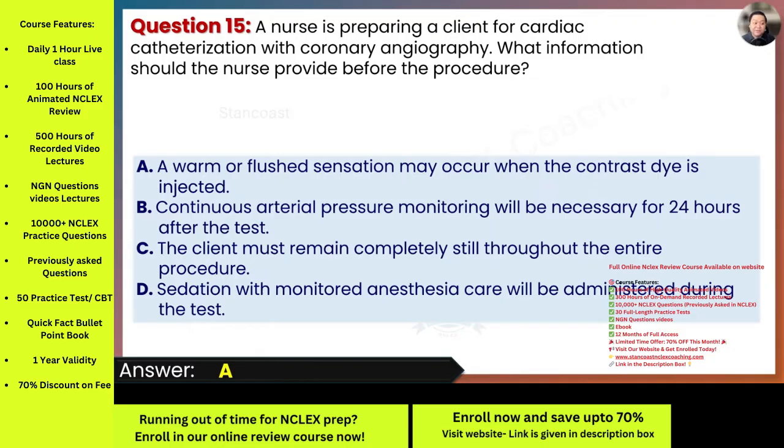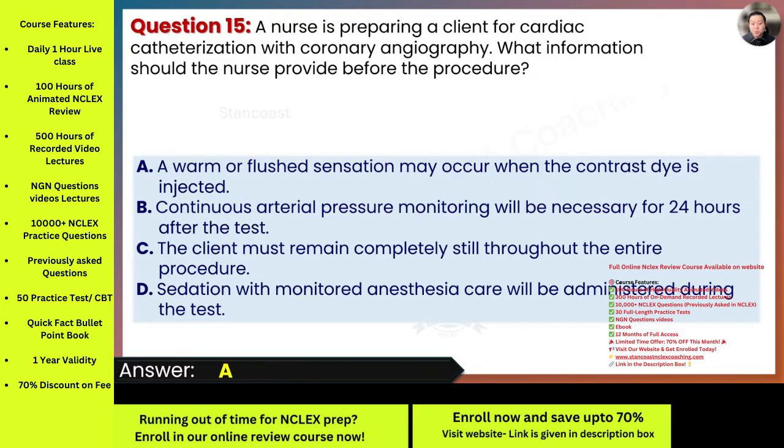And so the main key takeaways in this question, make sure that you recall that expected sensation. And this should be explained to your client before the procedure. And take note about this, continuous arterial pressure monitoring. It's not typical unless the client is critically ill. And letter C is also incorrect.